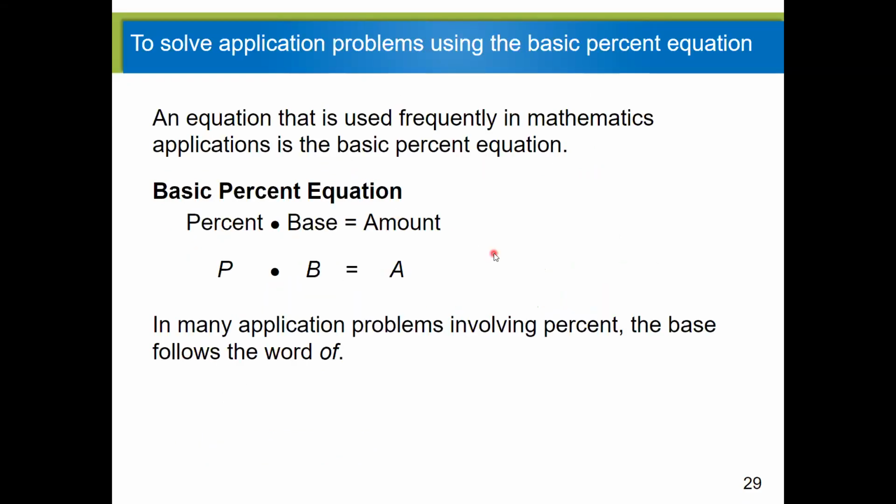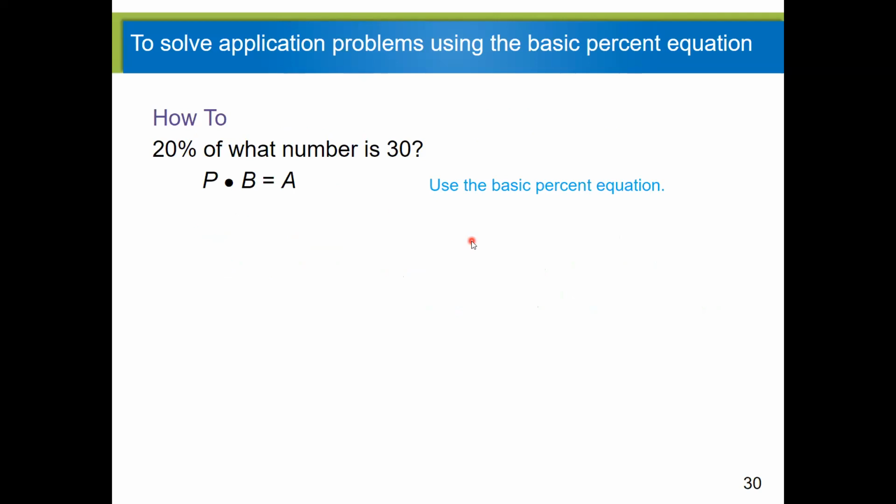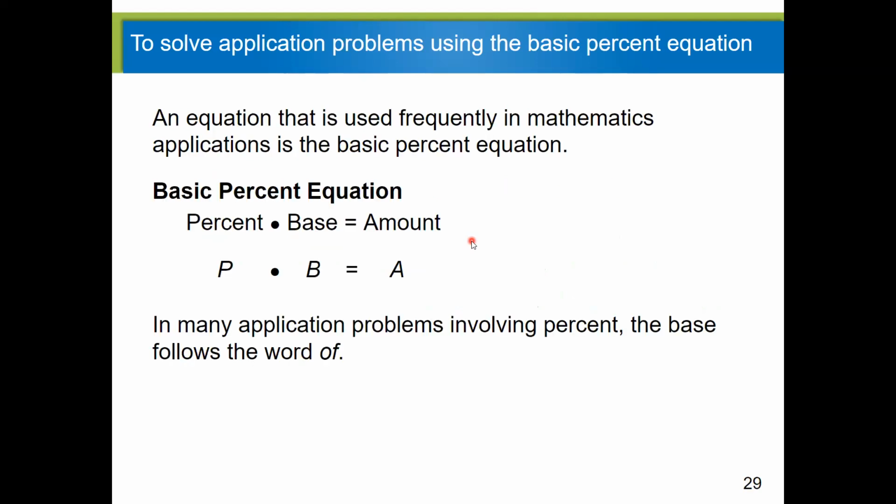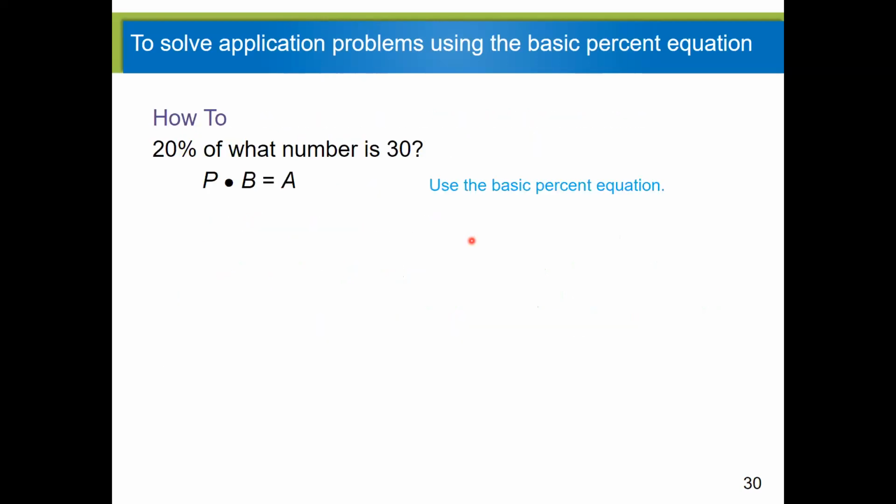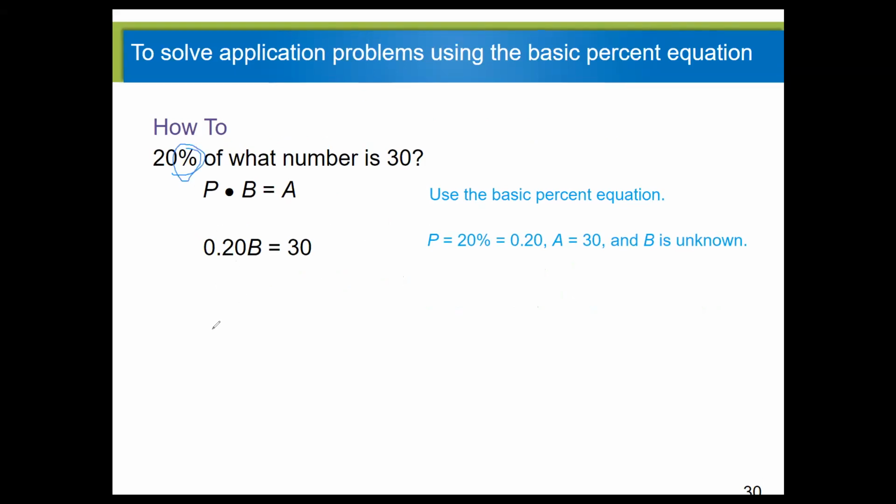So let's apply this in various ways. Most common application of this idea is percentage. Percentage follows the equation percentage times base equals amount. So what do I mean by that? Well, 20% of what number is 30? I know 20% is a percent because there's a percent sign there, right?